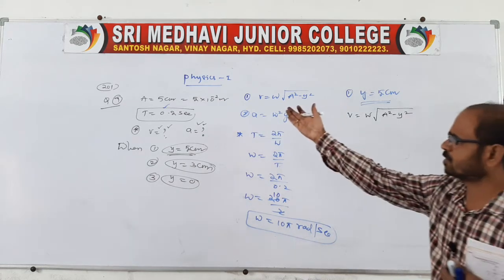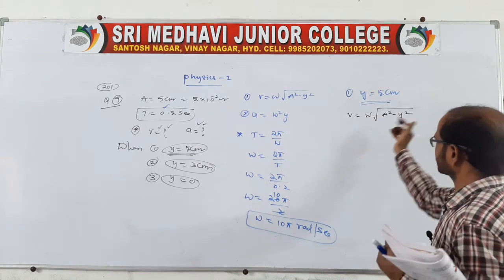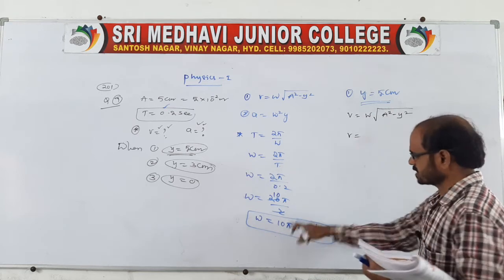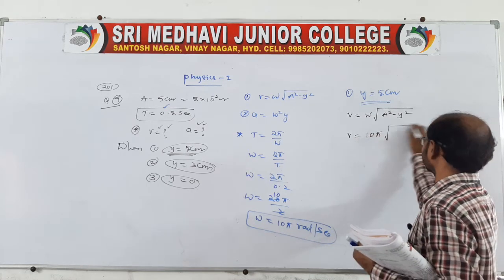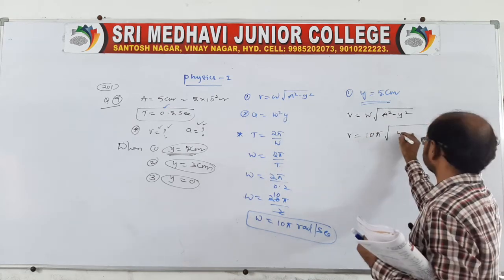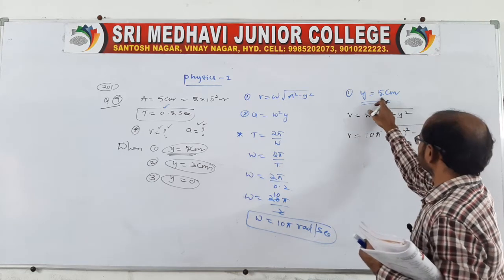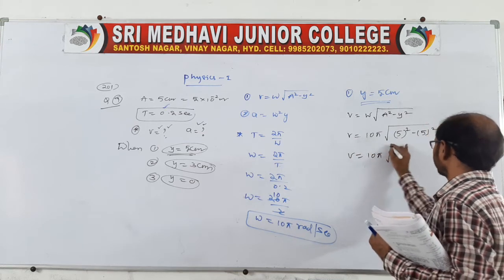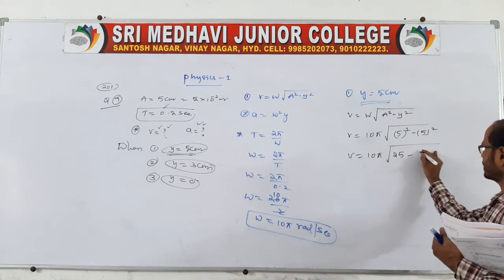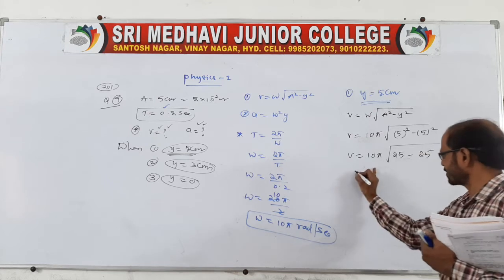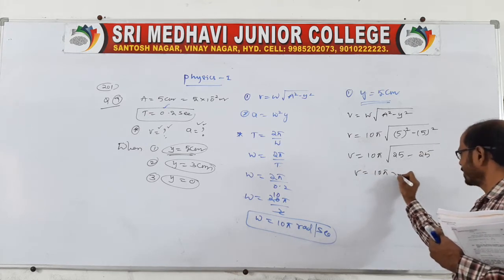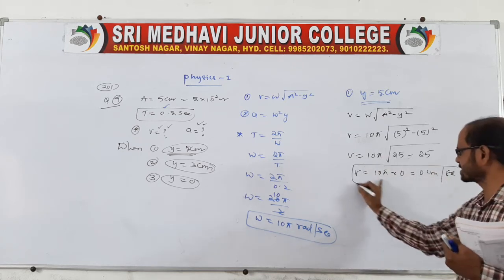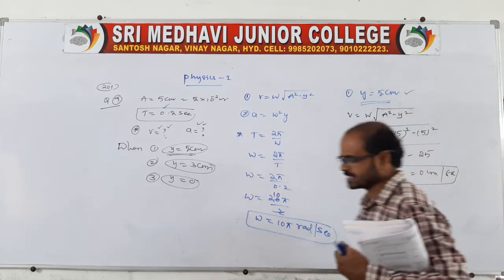So v is equal to 10 pi root over 5 square minus 5 square, that is 25 minus 25, which is 0. Then 10 pi into 0 is 0 centimeter per second. This is the velocity at a displacement of 5 centimeter.